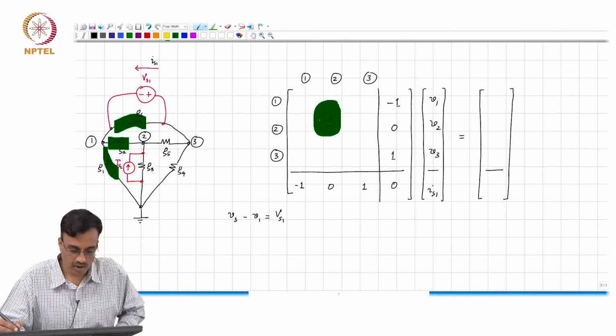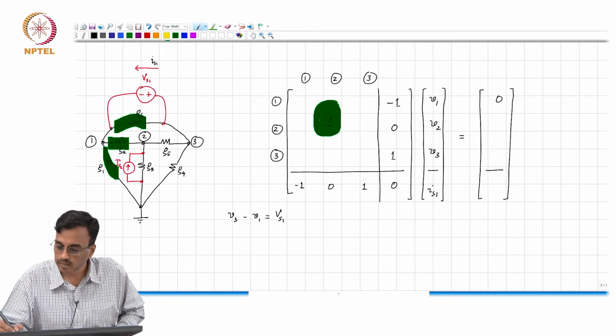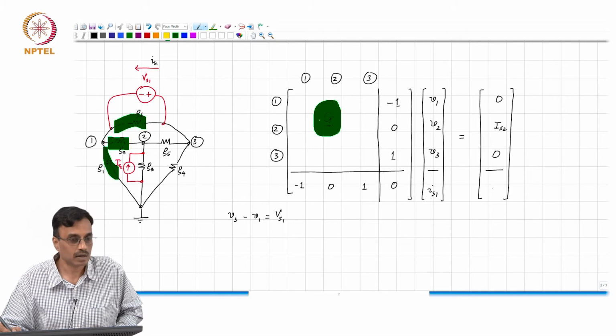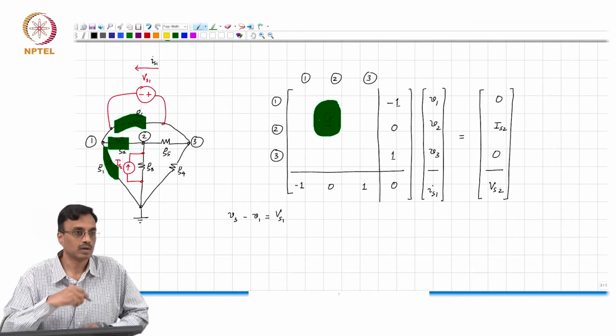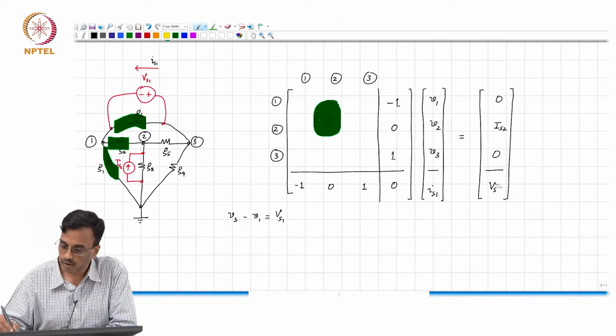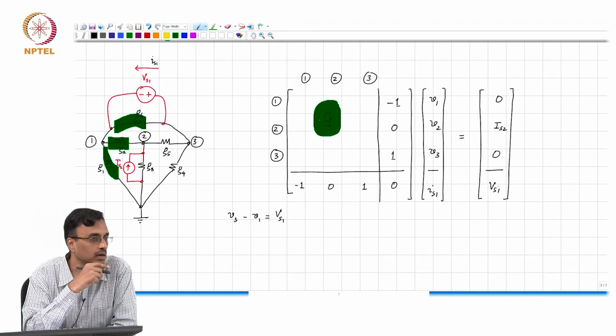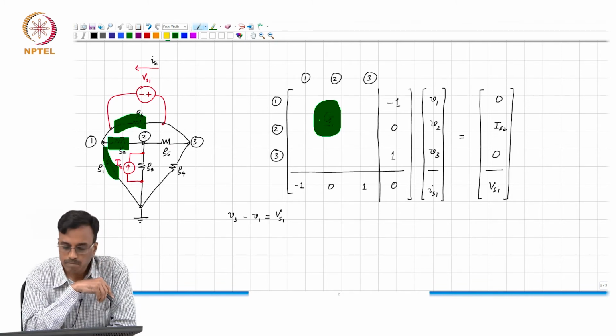So, the independent current sources flowing into node 1 is 0, IS2, 0, and what should be there? VS2. Sorry, VS1, sorry. Is that clear? All right.